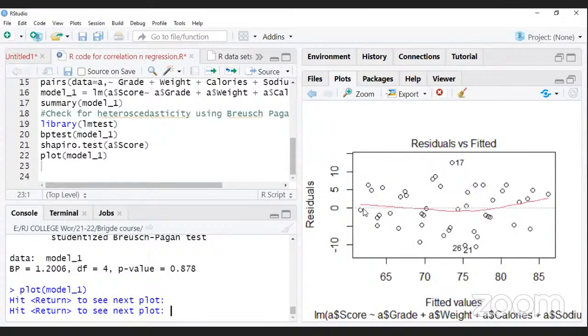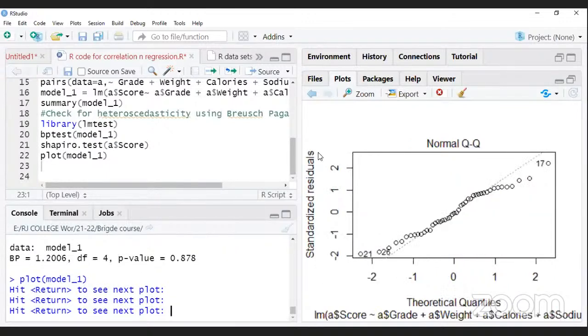If you find some pattern, and if you look at this data, it is approximately fine, but still there are some points which are away from the data, like case number 17, case number 21, or I may say 26 is near to that value. But this pattern, if you observe, is nearly the same, so we can assume it is approximately normal. This is one way of checking the residual plot.